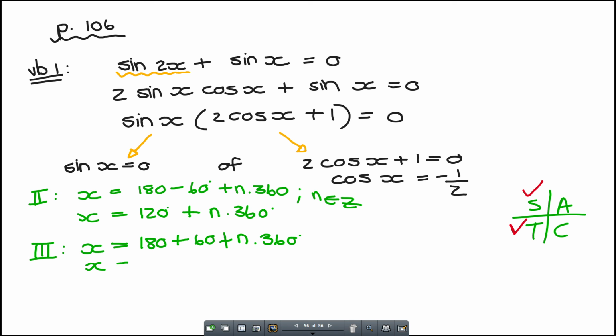So x will be, kom ons kyk gou. Ons het vir 120.